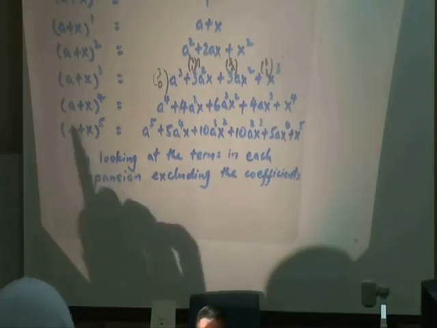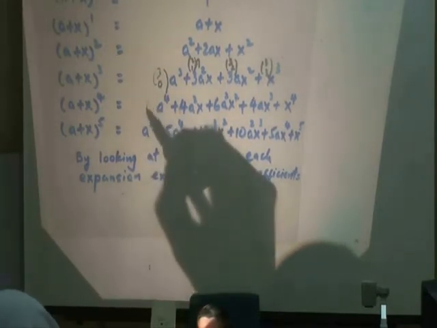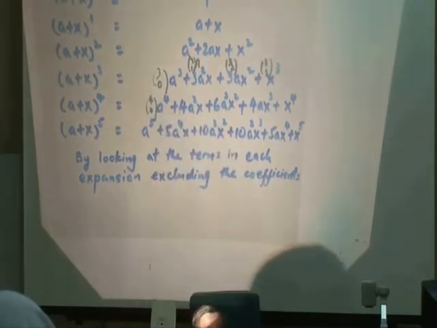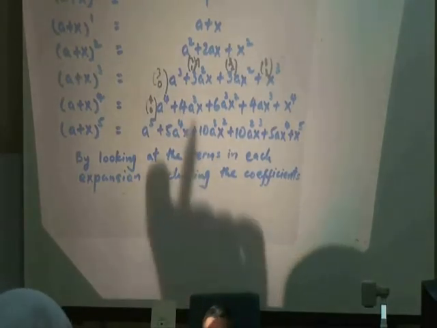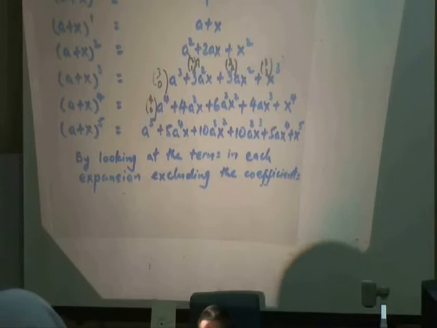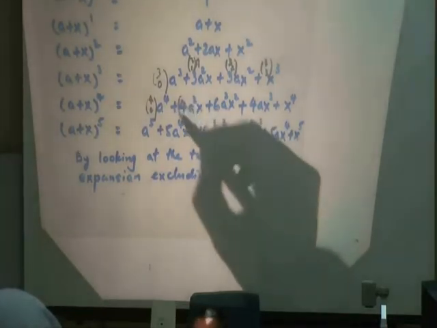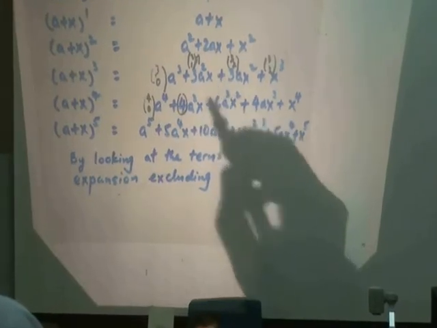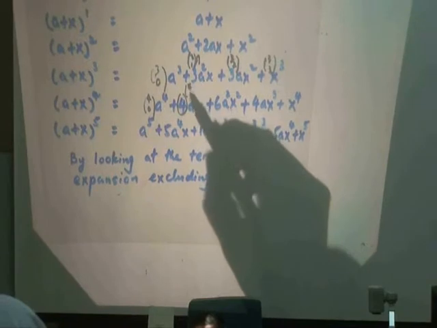Similarly for the expansion a plus x to the power 4, the coefficient of the first term is 4C0, as we take it as a combination of x, 0 out of 4 x. The coefficient of the term with 1 x, we choose 1 out of 4 x, hence it's 4C1.